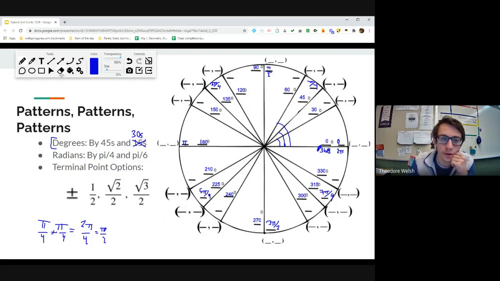In the same way that we went by 30s, we can do the same here. So all those missing angles, all these non-45s really, or non-pi over 4s, we can just add pi over 6. So 0 plus pi over 6 is 1 pi over 6. Plus pi over 6 is 2 pi over 6, which simplifies to pi over 3.